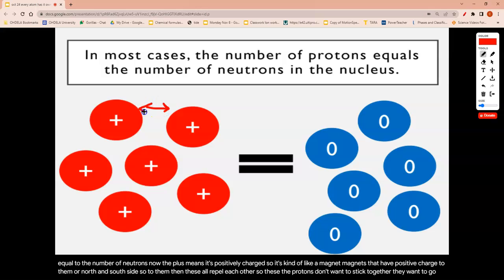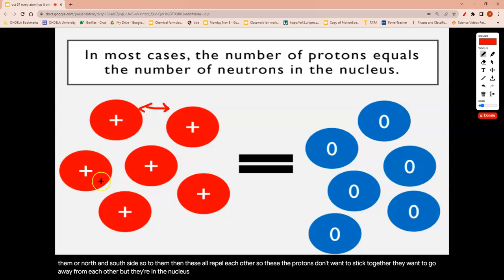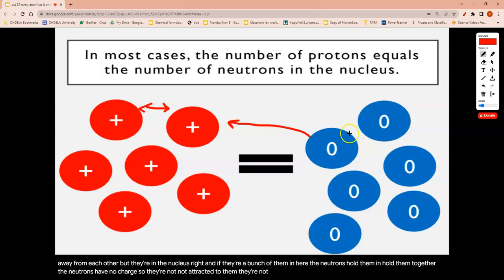They want to go away from each other, but they're in the nucleus, right? And if there are a bunch of them in here, the neutrons hold them together. The neutrons have no charge, so they're not attracted or repelled from each other.